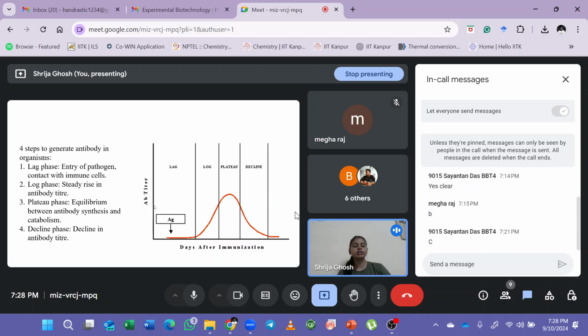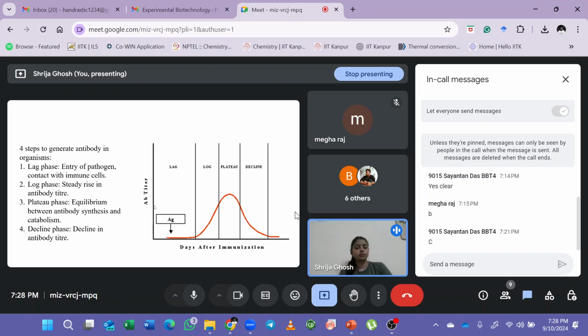Once the antibodies have been produced inside the mouse, you can take the blood of the mouse and isolate the antibodies for that particular antigen that you have injected, and then use those antibodies for any purpose that you want.